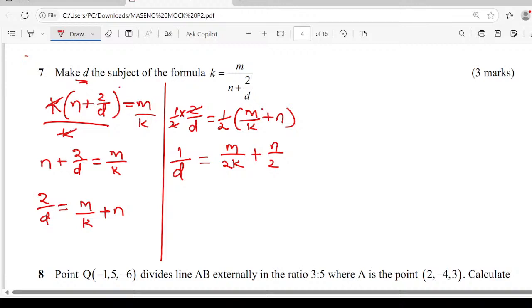Is it the case? Yes, should be the case.